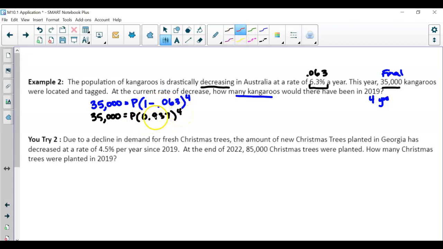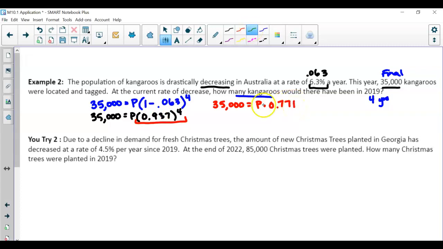Now, technically, we have a value here being raised to an exponent, so this can just be put in the calculator. So now I've got 35,000 is equal to P times, putting this value to the 4th power, you should get 0.771.